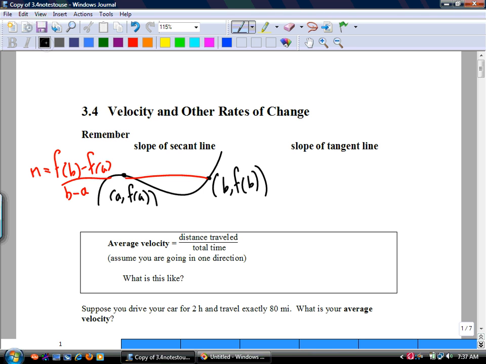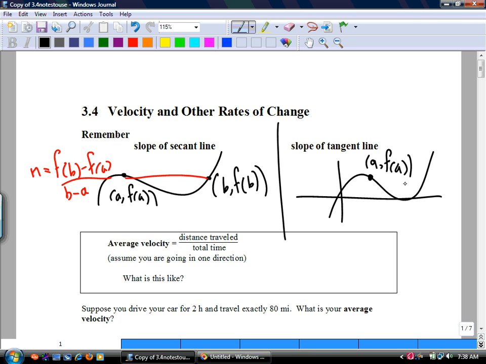Slope of the tangent line, same curve. What do we call that?